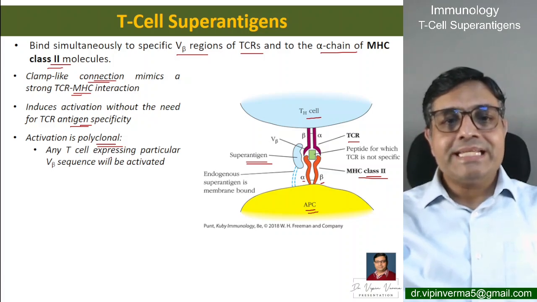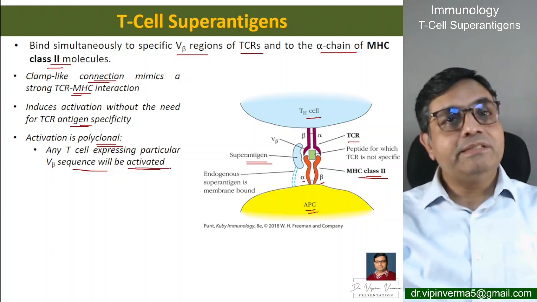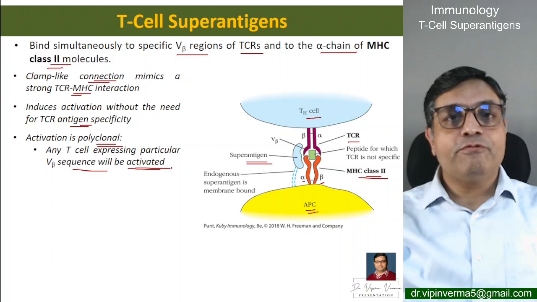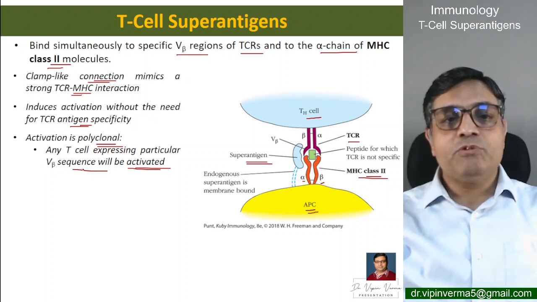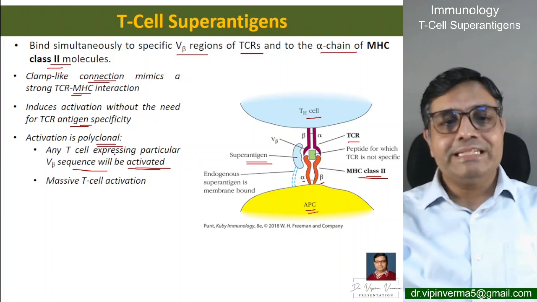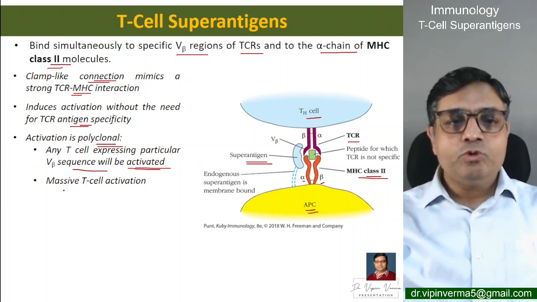So any T cell which is expressing a particular V beta sequence will be activated. All right, now there is no need for specificity. They just need a specific V beta sequence, any particular V beta sequence, and that super antigen can bind and then activate. So that leads to a very massive T cell activation.